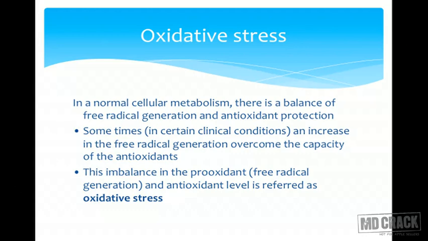So these free radicals have to be scavenged. If your antioxidant levels are low and free radicals are high, then it can result in a disease, and this is called oxidative stress. So this imbalance in the pro-oxidant or free radical generation and the antioxidant level is known as oxidative stress.